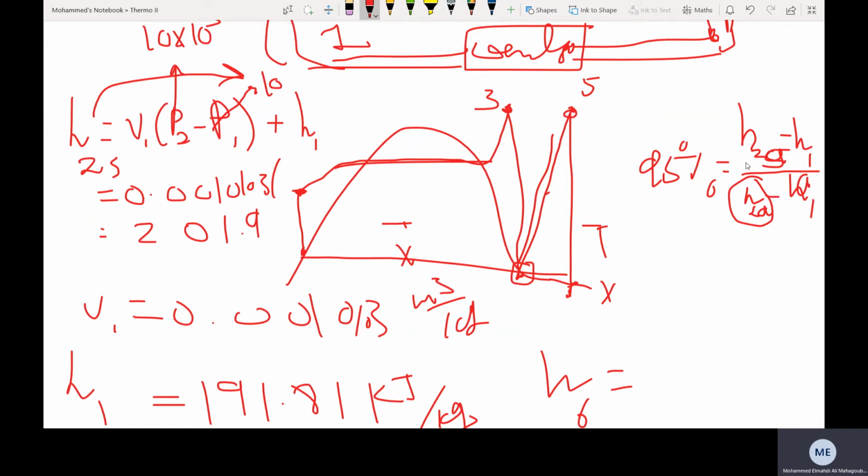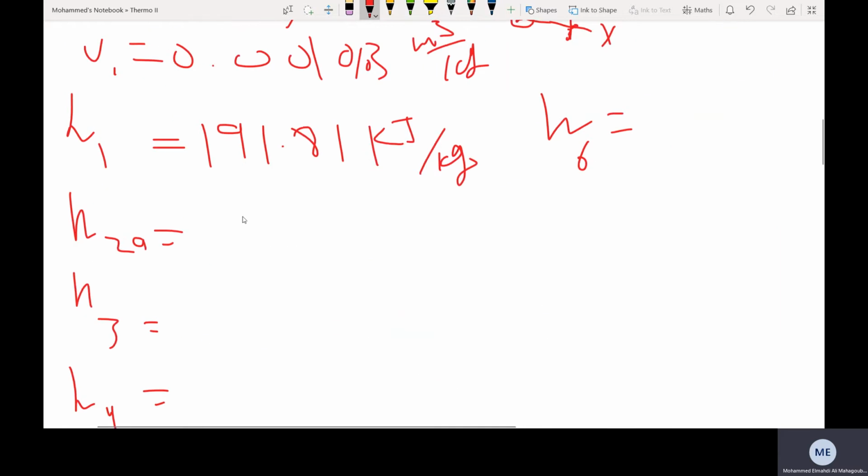I know the isentropic one, which was 201.9, minus H1, which is 191.81, over x, the unknown, minus 191.81. Let me wait for the calculator to give me the value. So it is 202.43 kilojoules per kilo.